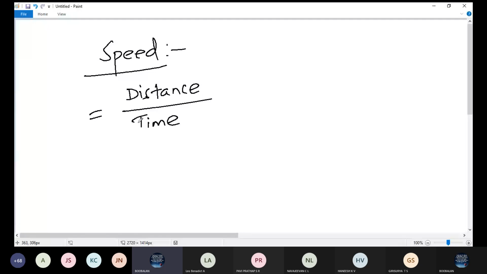Speed formula, distance divided by time. Otherwise, the ratio of path length to the time taken. So this is the formula for speed.